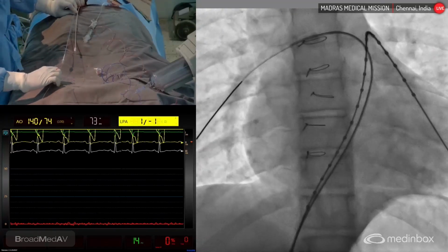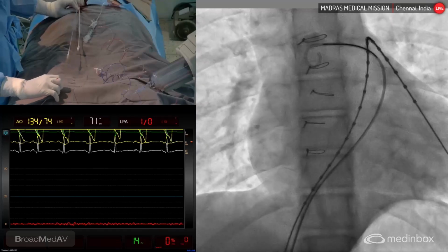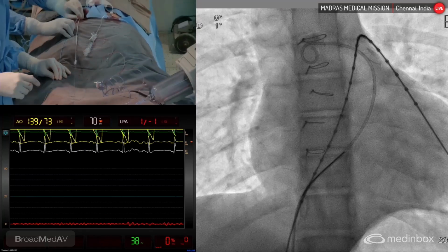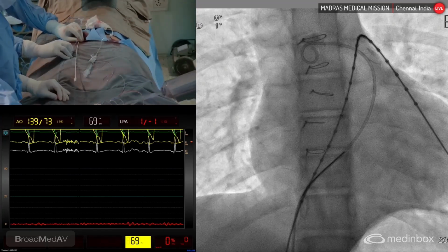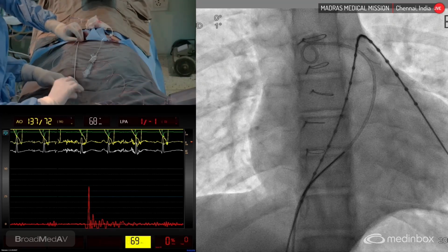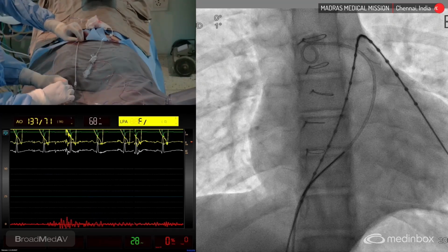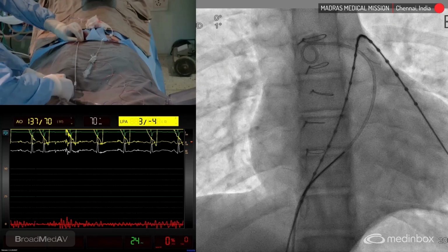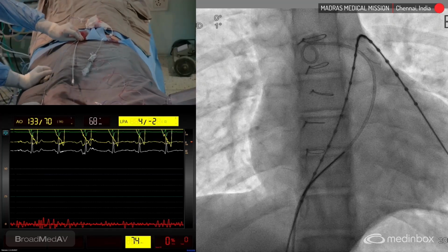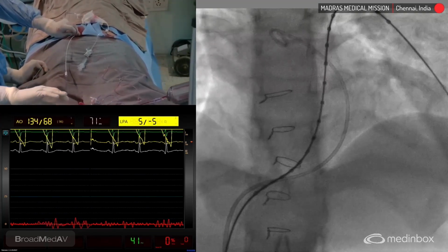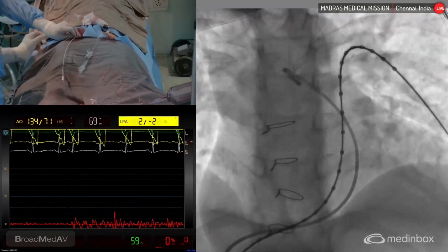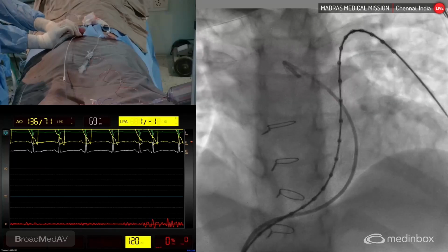So we have crossed into the right pulmonary artery. I will straddle across the right pulmonary artery, keep it inside the loop. Let's go to epicranial here.